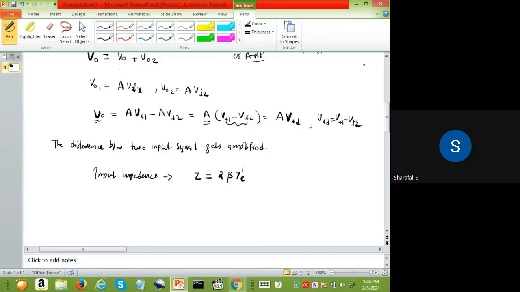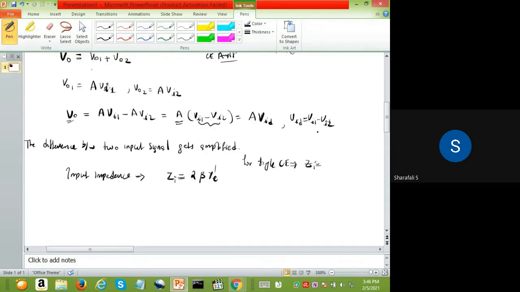So for a single common emitter configuration, if you consider the input impedance Zi, that will be coming like beta times RE plus RE dash. Now this RE is replaced with the second transistor's dynamic resistor. So here this will become RE dash.